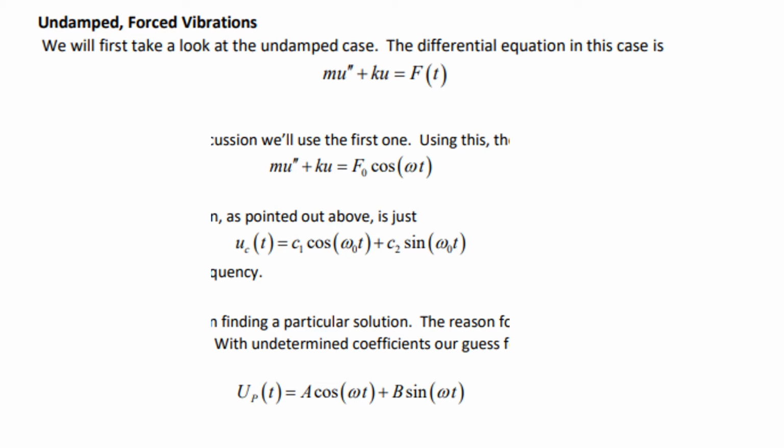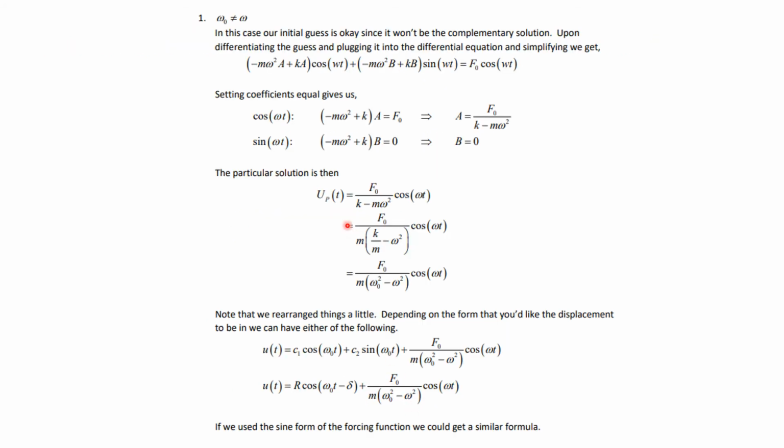So let's do that. We have two cases. First, we insist that the omega we just talked about is not the fundamental frequency. So we plug it in, do these calculations, and set this equal to the right-hand side. You should verify these.